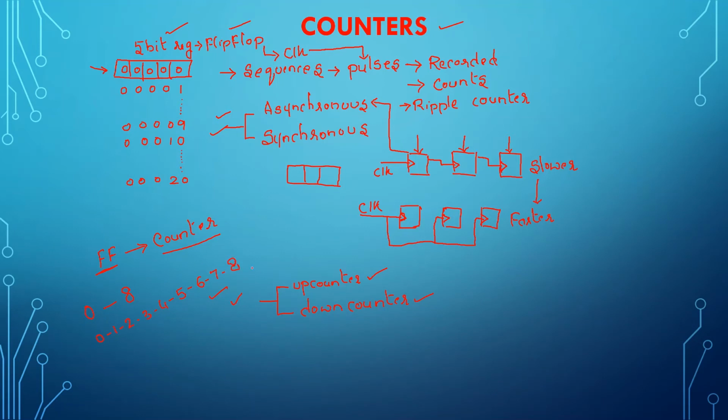But how many counts is it? Check: 1, 2, 3, 4, 5, 6, 7, 8 and 9. So totally you need to design a counter which will give you 9 counts, isn't it? So normally the number of counts of a counter is defined by the word mod.